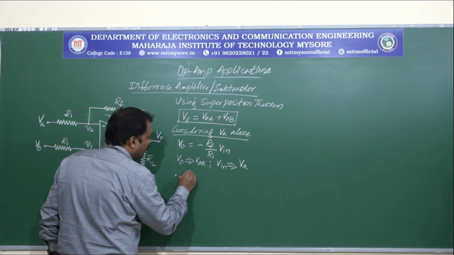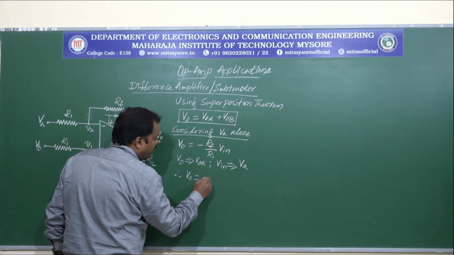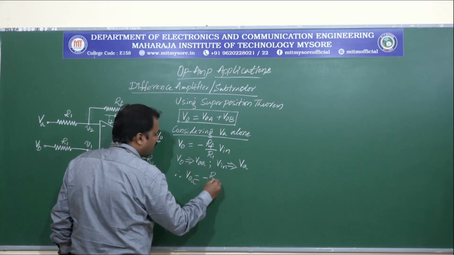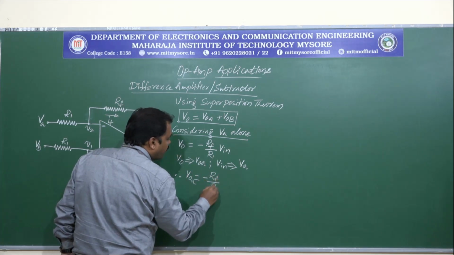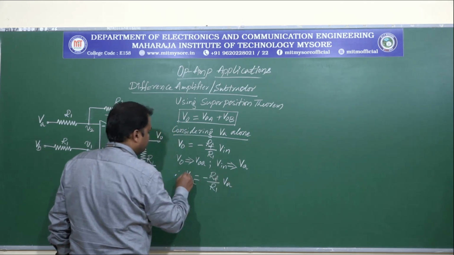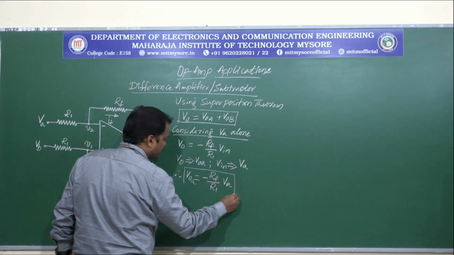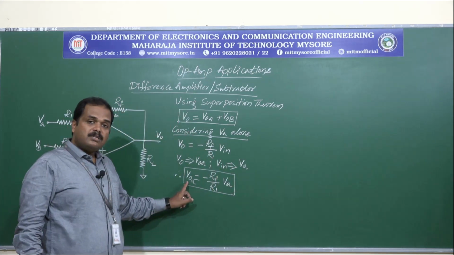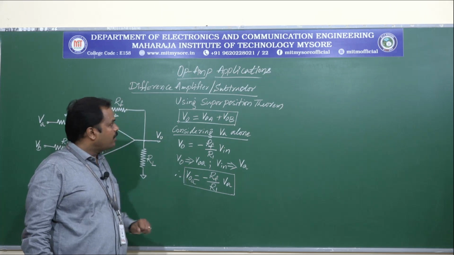Therefore, V0A can be written as minus RF by R1 into VA. So this is the expression we have for V0A.